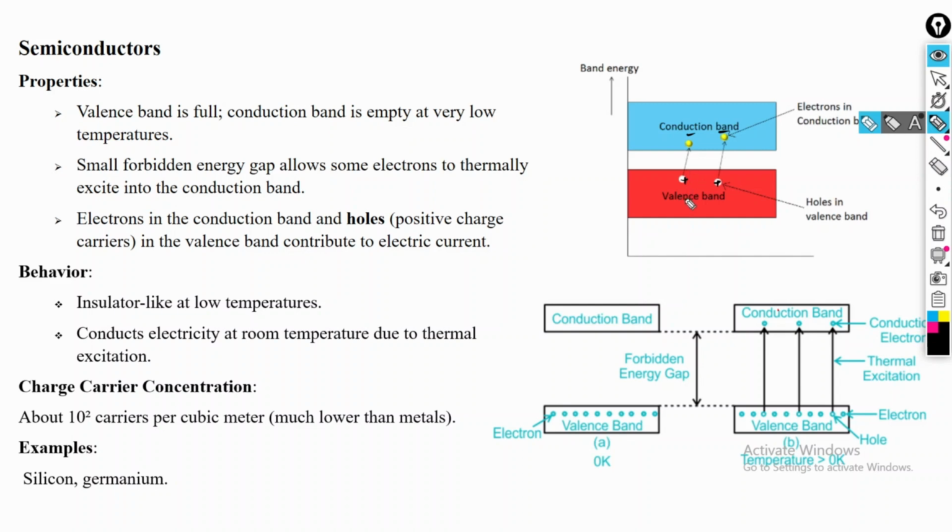So these semiconductors conduct electricity at room temperature due to thermal excitation.